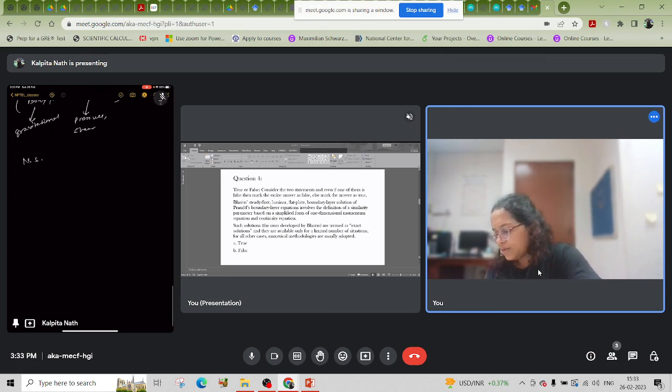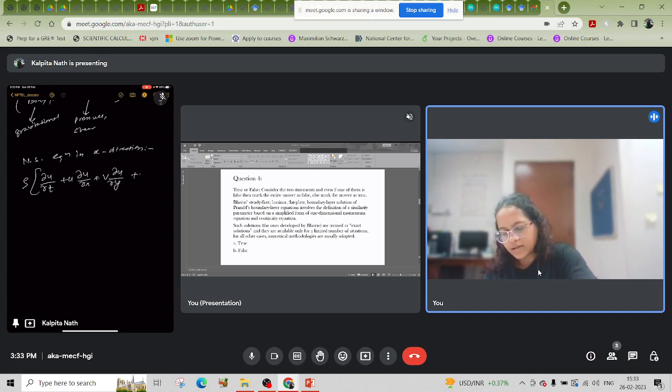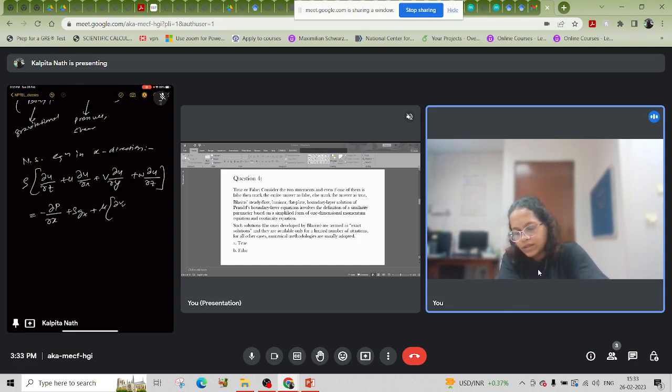So the Navier-Stokes equation in the x direction is rho times del u del t plus u del u del x plus v del u del y plus w del u del z, is equal to minus del p del x plus rho g_x plus mu times del square u del x square plus del square u del y square plus del square u del z square.